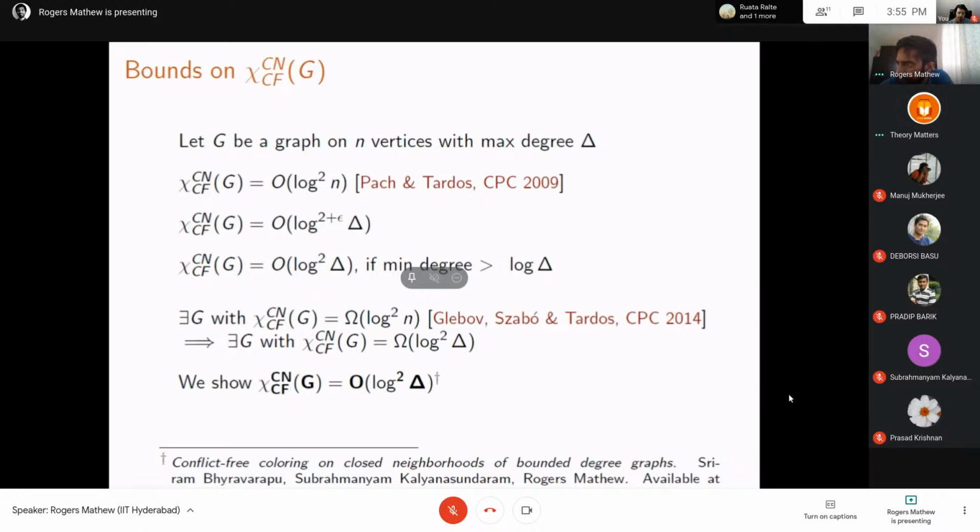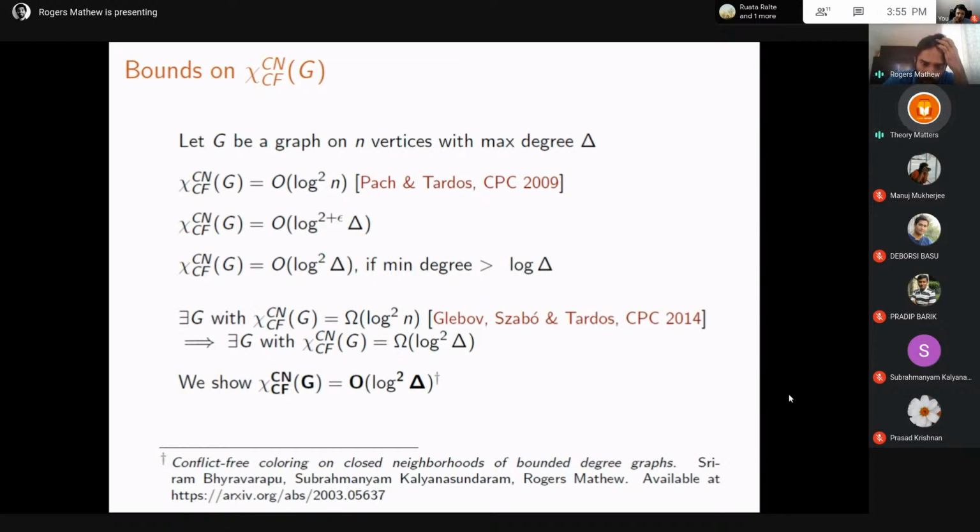And this is an absolute constant, and it doesn't depend on anything except delta. Yeah, it's just independent. I don't remember the constant for the lower bound.